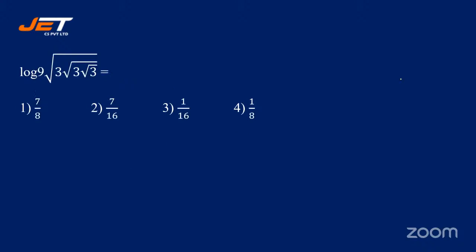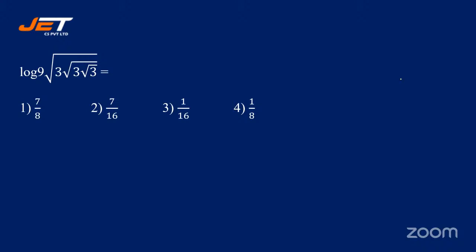See the next question. Log 9 of root 3 of root 3 of root 3 would be dash. So first root 3 you can take as 3 to the power half. Next root 3 you can write as 3 power half plus half. The third root 3 you can write as half plus half plus half.